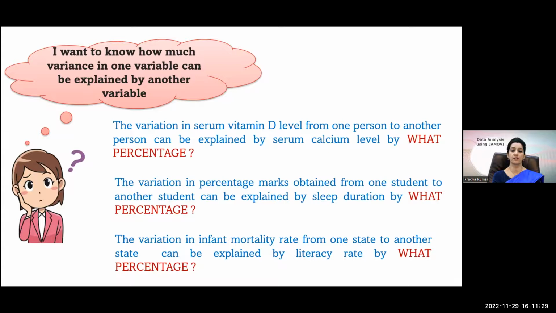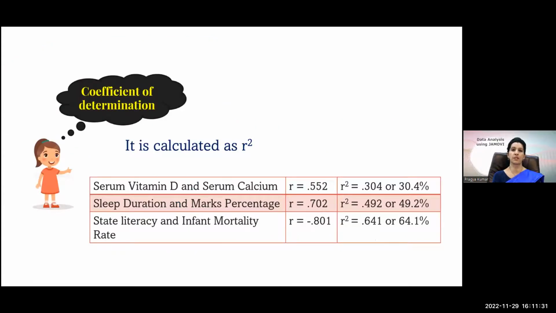If you have to answer such questions, you need R square, which is also known as the coefficient of determination. So you square the R values. So like for 0.55, R square will be 0.30.